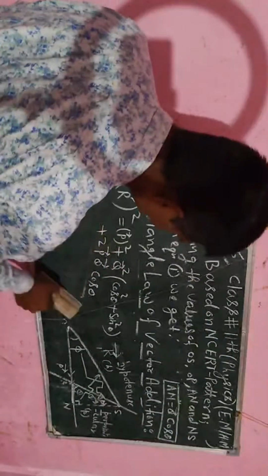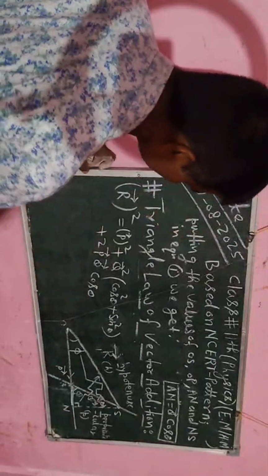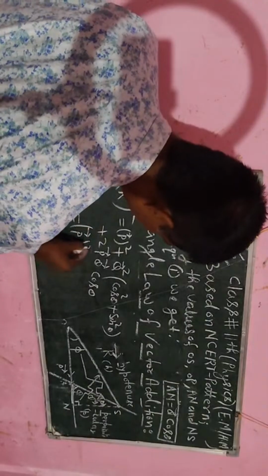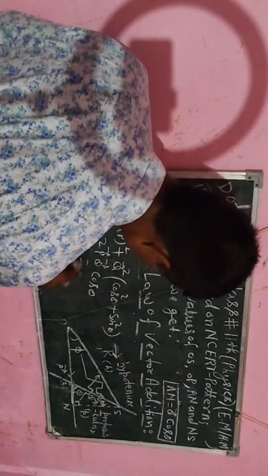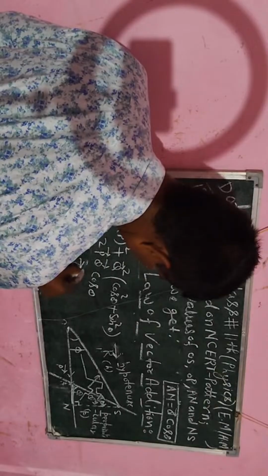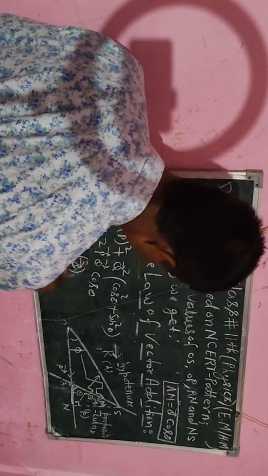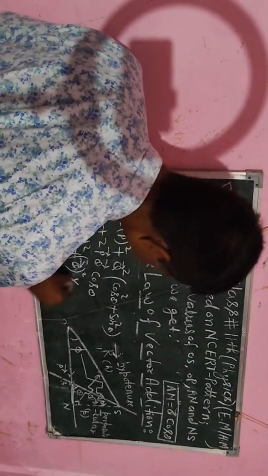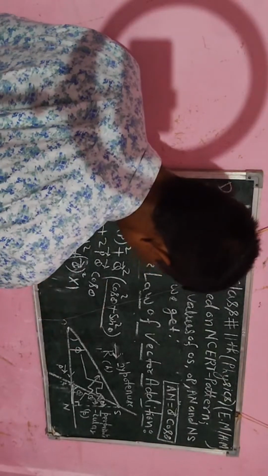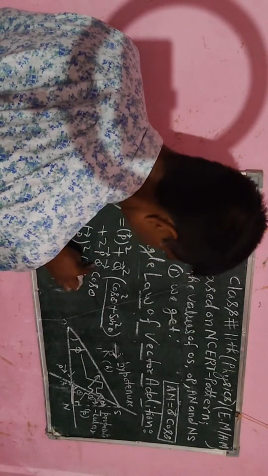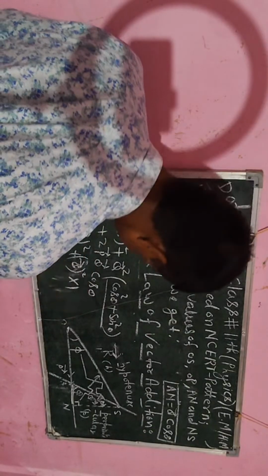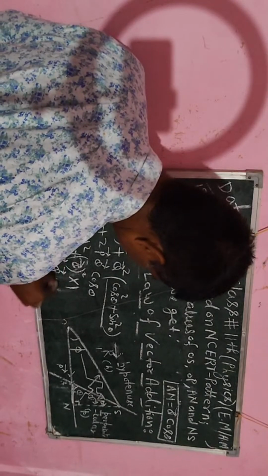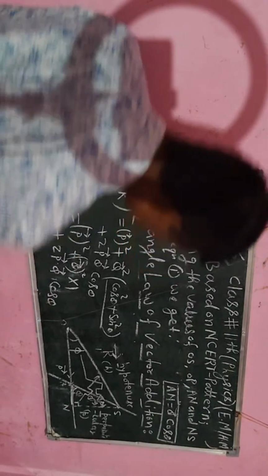In the next step I will use this formula for simplifying. So here I will write vector P square plus vector Q square, plus 2 vector P into vector Q into cos theta, with 1 put in place of the identity.